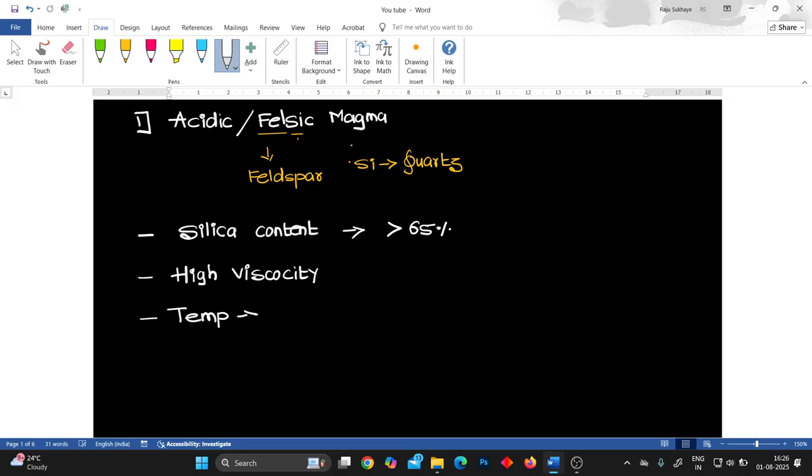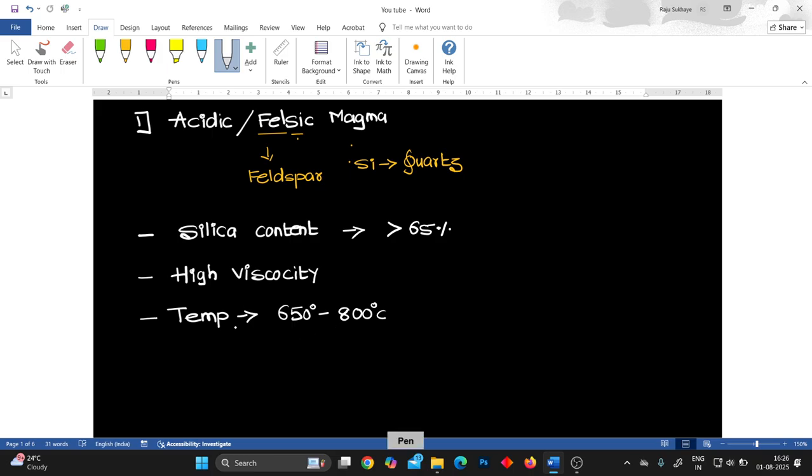The temperature of the magma or lava will range from about 650 degrees Celsius to 800 degrees Celsius. So this acidic magma or lava will have a temperature range between 650 and 800 degrees Celsius.